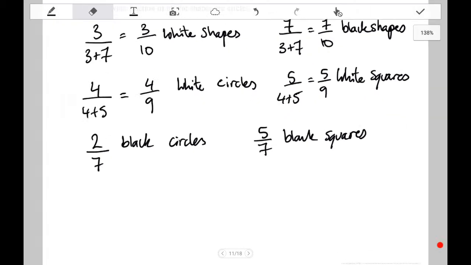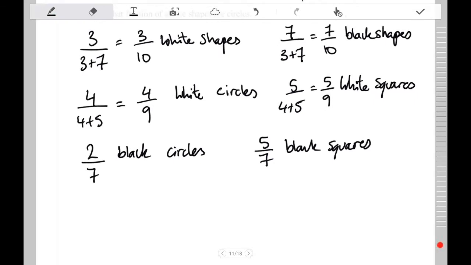We can say, well, the probability of getting a black circle from all the black shapes is 2 over 7 multiplied by 7 over 10.